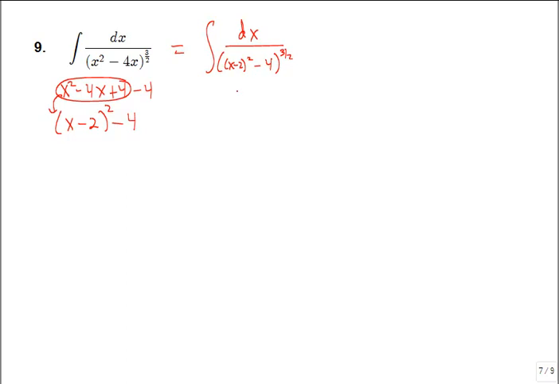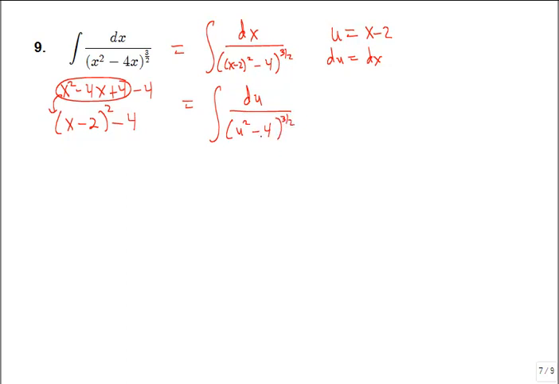Now this isn't quite like our typical x squared minus a squared, but it is a u squared minus a squared, where this u is this function of x. And you can even do an actual U-Substitution to make it look more like that. You can let your u be x minus 2. Therefore, du would be dx. And then that turns this integral into du over u squared minus 4 to the 3/2.